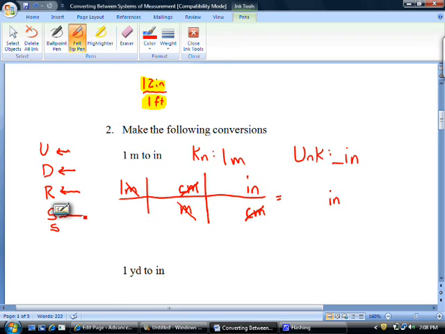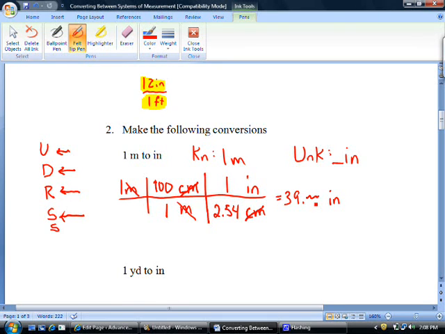So I'm going to substitute in the numbers now that go in the right places. I know that 1 meter is 100 centimeters, and I know that 1 inch is 2.54 centimeters. So into my calculator, I put 1 times 100 divided by 2.54, and I get 39 point something.